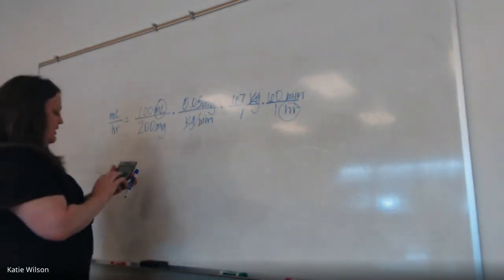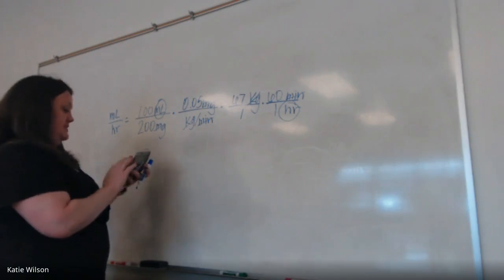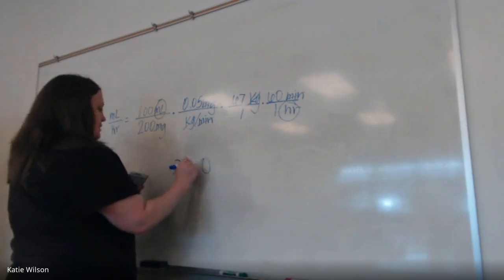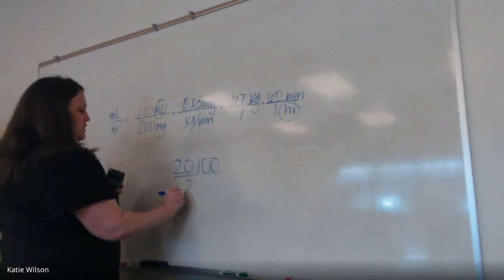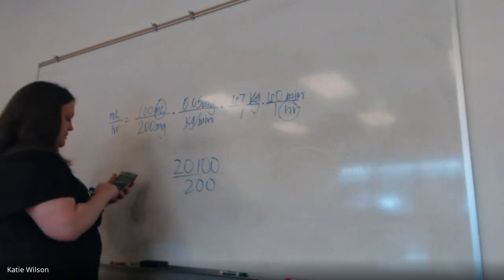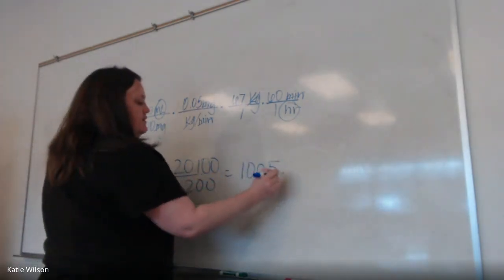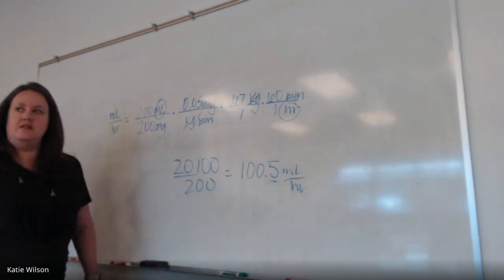Okay, that's what I have you guys for, 0.05 times 67 times 60. Now we're probably looking more better. 20,100 over 200. 100.5. It's already rounded to the 10th. So is that the right answer?